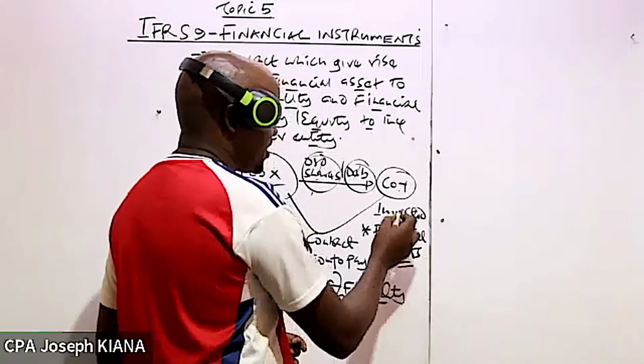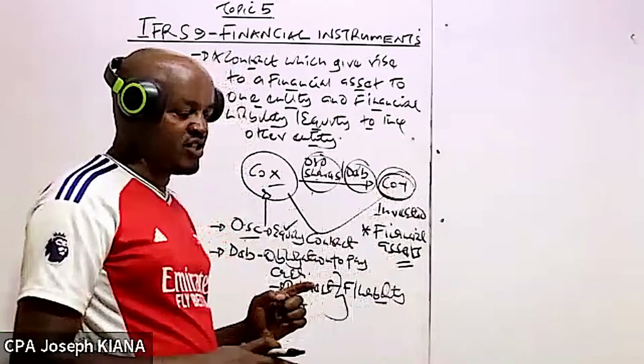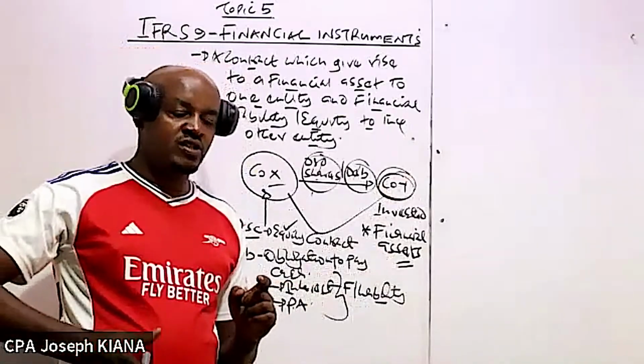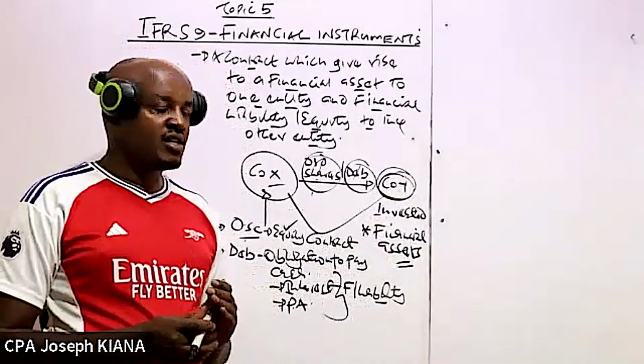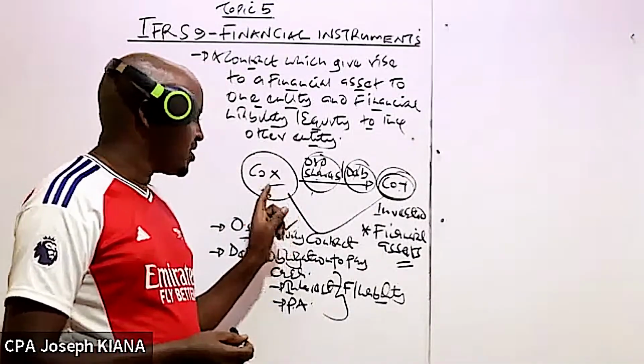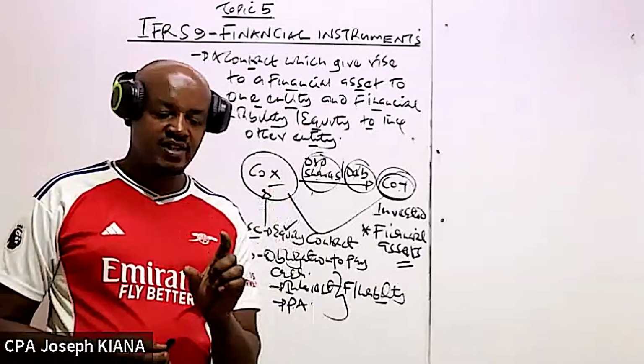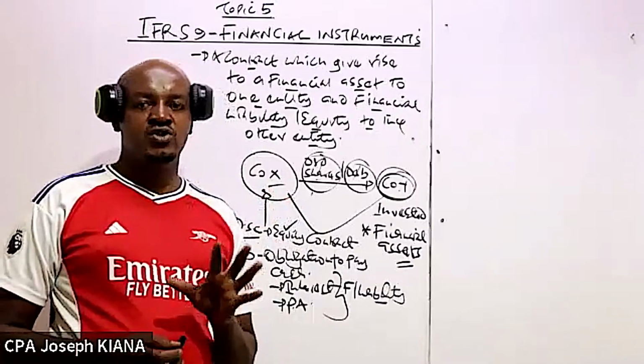So you can see that once this company invests in shares or in debentures issued by the other company, this gives rise to a financial asset.